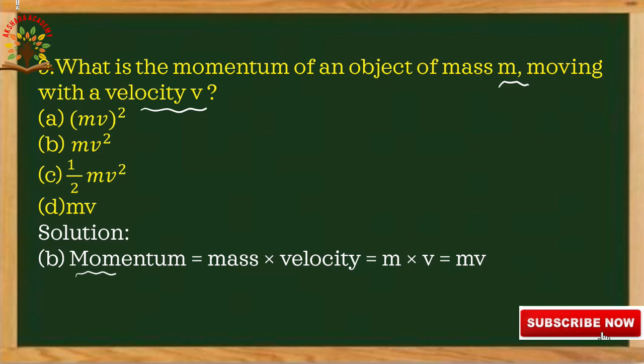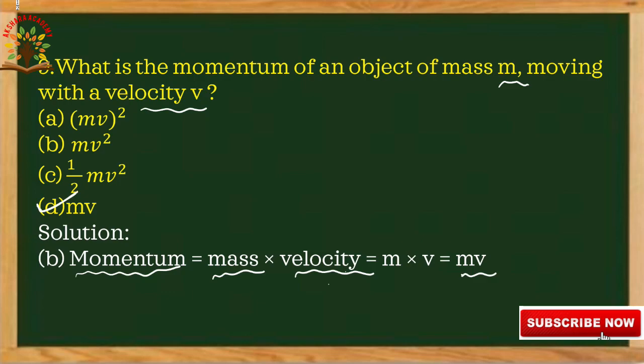Momentum is defined as the product of mass and velocity. That is mass into velocity. Mass is denoted with the letter m and velocity is denoted with the letter v. So momentum is m into v. Which option is correct? The last option is correct. Option D is correct, m into v.